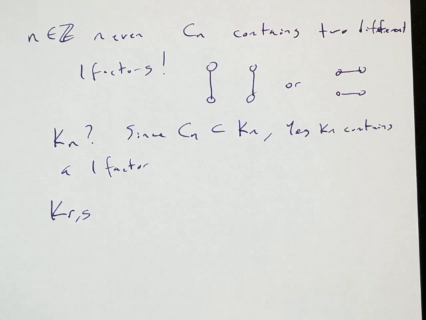Draw some pictures. Pick some values for r and s. Draw K_{r,s}. Use small ones, 2, 3, 4. I'm not talking about anything huge. You should be able to come up with when it has one or when it doesn't.